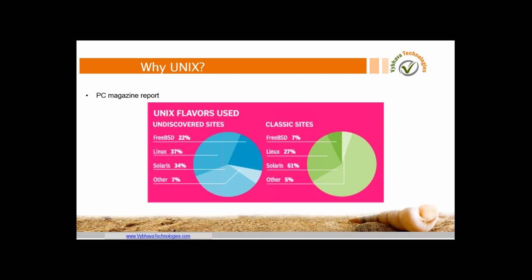On the undiscovered side, Linux is 37% and Solaris is only 34%. So that's why Unix flavors are most important for business, and we are working in the software industry. Definitely, they are using one of them, Linux or Unix flavors.